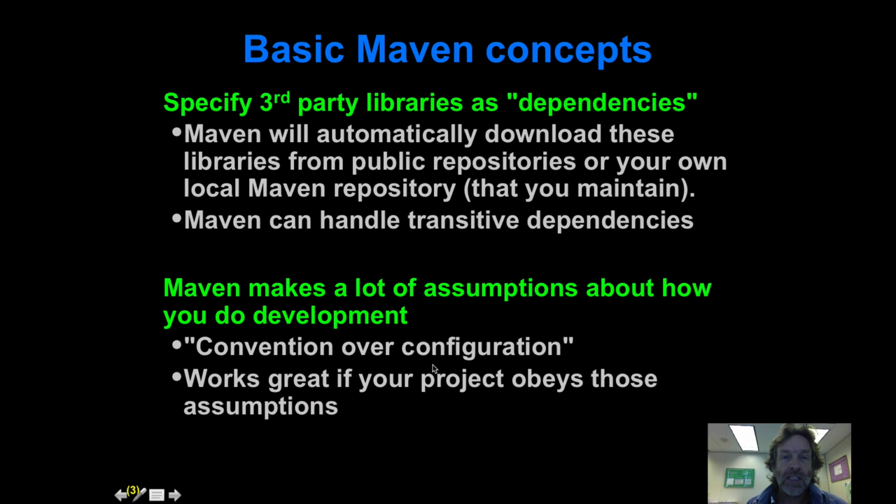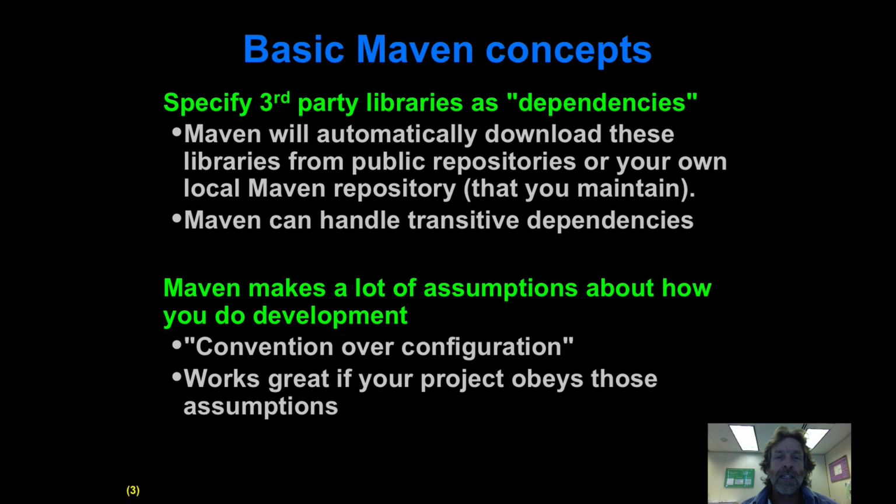Okay, so next. One of the important things in Maven is that you specify third-party libraries as dependencies, and Maven will automatically download these libraries as part of the build. And there's really no good way to have a third-party library not as a dependency. You can look around on the web, and there are some things you can do.